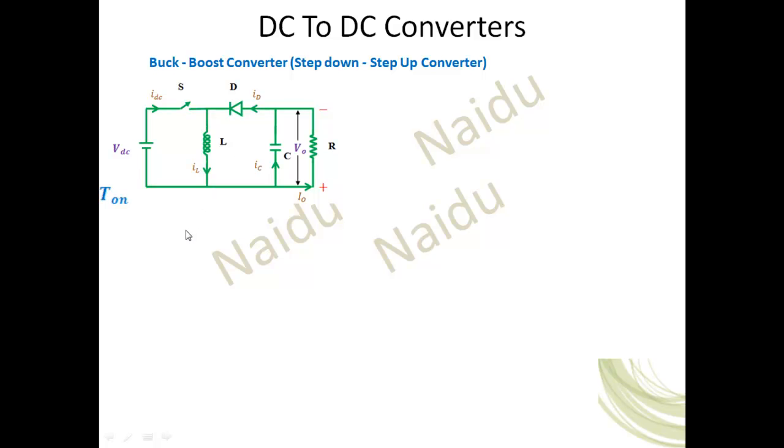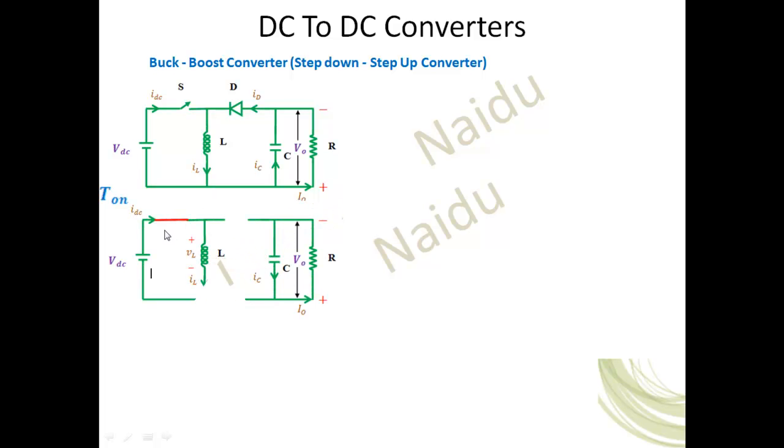When the switch is on, that means it is in conduction, the inductor is connected to the source. But remember one important thing in the buck boost converter. In the boost and buck converters, this is the positive polarity of the load and this is the negative polarity. But in the buck boost converter, because of the inductor arrangement, this is the negative terminal and this is the positive terminal.